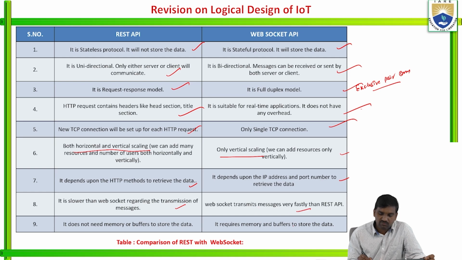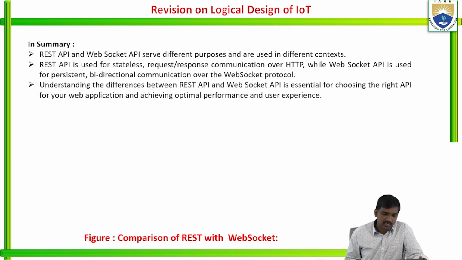WebSocket transmits messages much faster than REST API. It does not need any buffer to store the data, while REST requires memory and buffers to store the data. So these are the comparison differences between the REST API and WebSocket API. In summary, they serve different purposes and are used in different contexts.